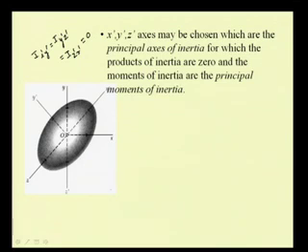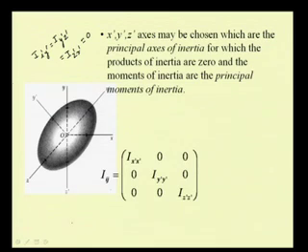That means this inertia tensor matrix becomes a diagonal matrix. So, all these off diagonal elements are 0 because these products of inertia are 0. So, the inertia tensor matrix for this set of orthogonal axes, that is x prime, y prime, z prime, becomes a diagonal matrix with off diagonal elements as 0.